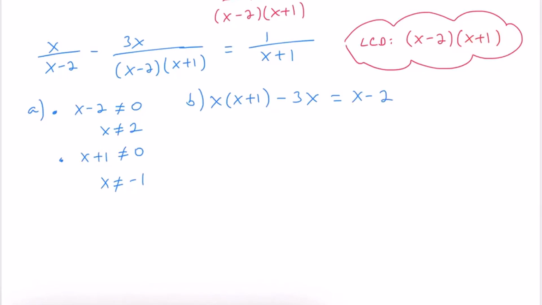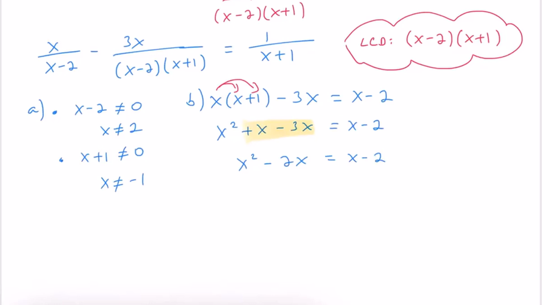Simplify. Multiply in the x, and we have x squared plus x minus 3x is equal to x minus 2. Combine like terms. So we have x squared minus 2x is equal to x minus 2.